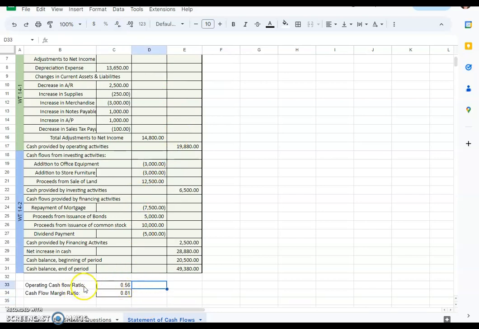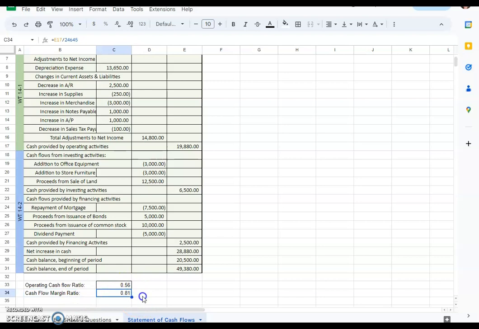So operating cash flow ratio of 0.56. This ratio tells us how likely the company is to be able to pay off their current liabilities, and a ratio of 1.0 or greater is desirable. So not the best, 0.56.